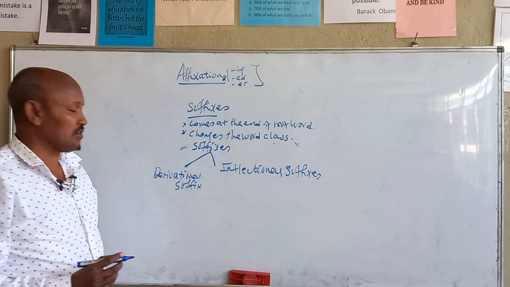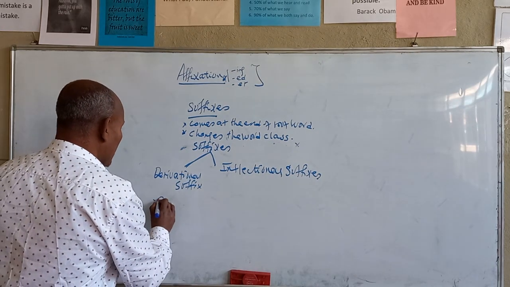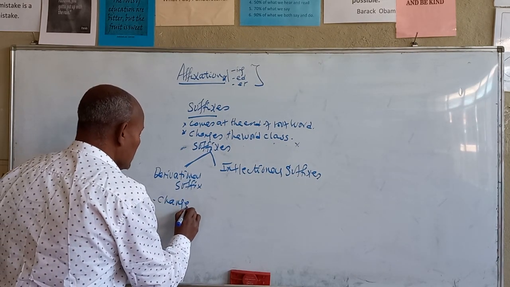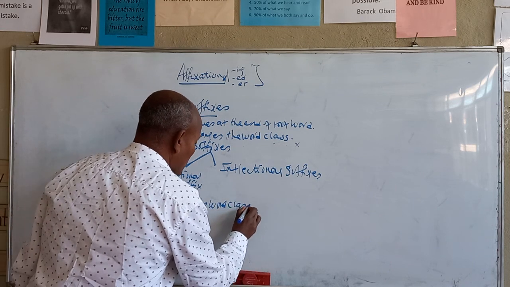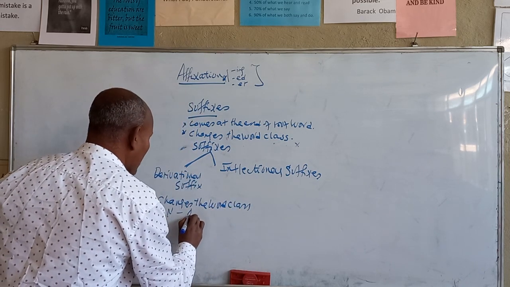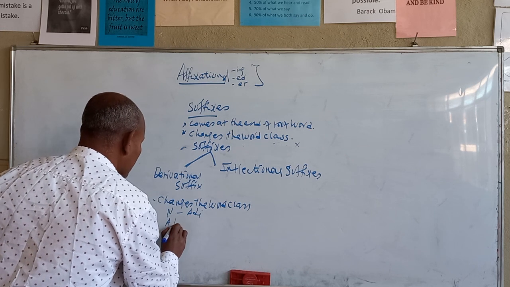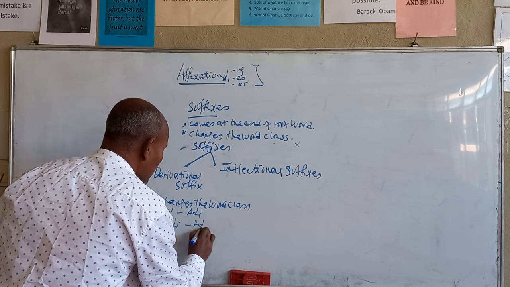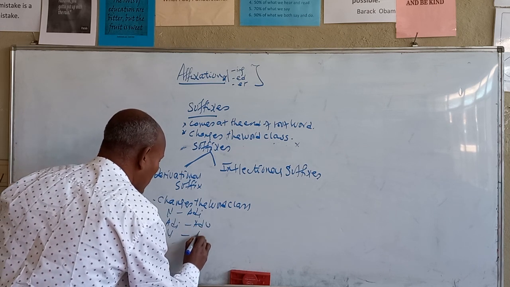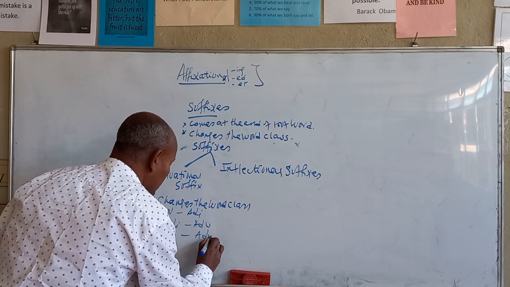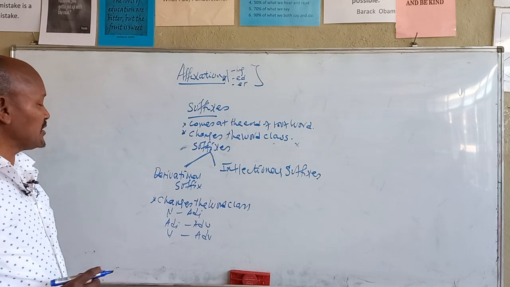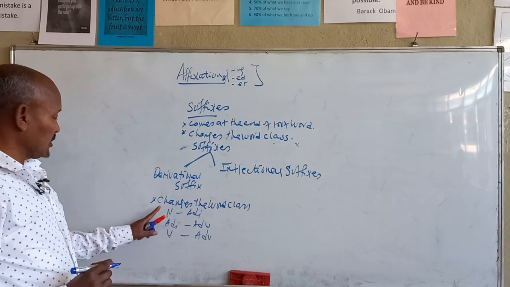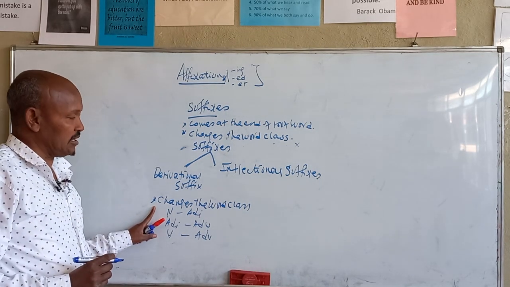Inflectional suffix. When you say derivational, it changes the word class, which is noun into adjective, or adjective into adverb, or verb into adverb. It changes the word class, so they are called derivational suffixes. Changing of the word class, but not the meaning.